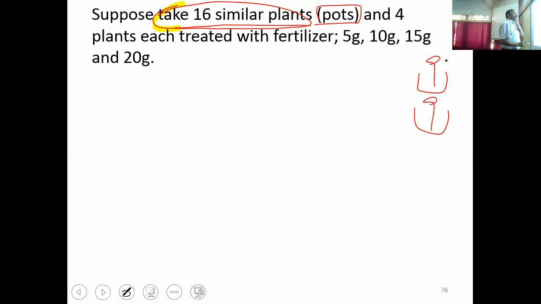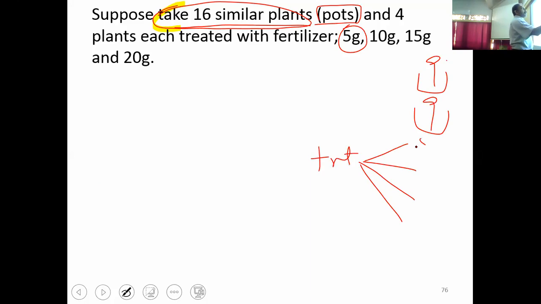Now I want to do a small trial applying fertilizer. I have 4 treatments: applying 5 gram, 10 gram, 15 gram, and 20 gram.